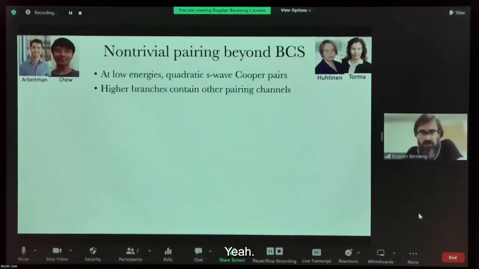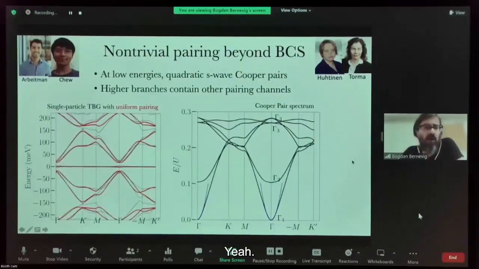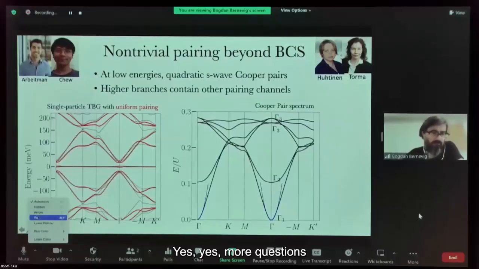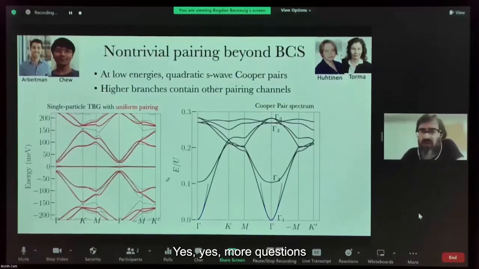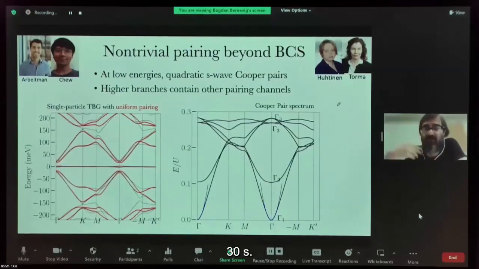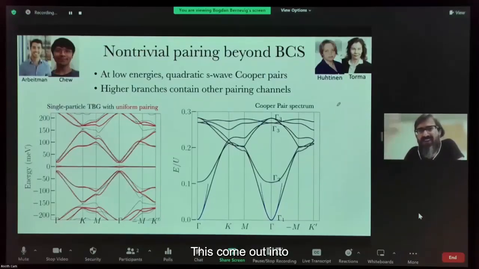Okay, so while doing this, Joe and I were in Kuka and Heidi got really excited because it turned out you could build a model that has uniform pairing. This uniform pairing makes the spectrum of collective modes just come out at you without all the complications of the single particle continuum.